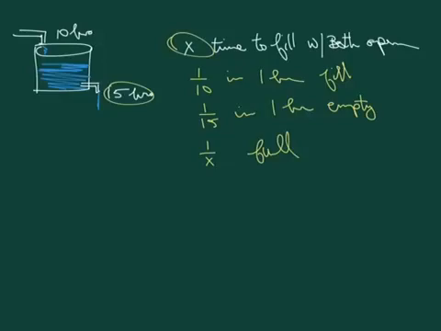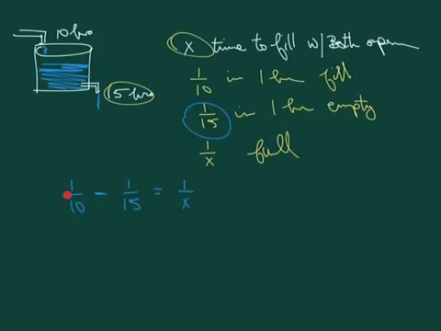So here's what the equation would look like. If we took 1/10, that's filling it, but we were draining at the same time 1/15, then we'd have 1 over X. So do you see why there's a minus sign here?